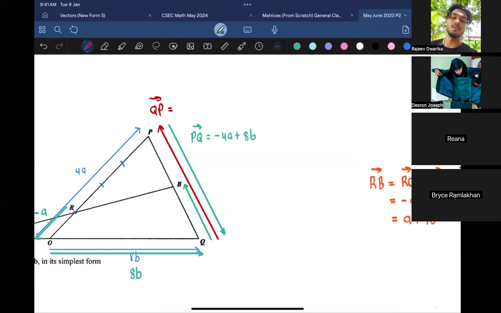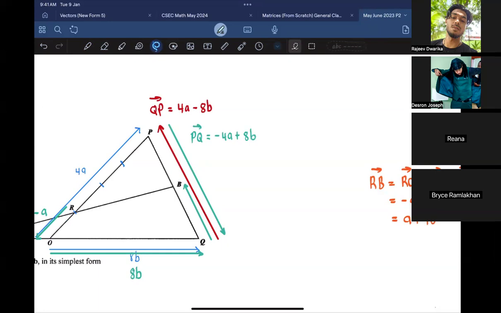So we're going to have the minus 4A positive, and the plus 8B negative. It makes sense, right? Because Q to P is not going in the same direction as P to Q. So we can't say it's half of P to Q. It'll be half of Q to P.